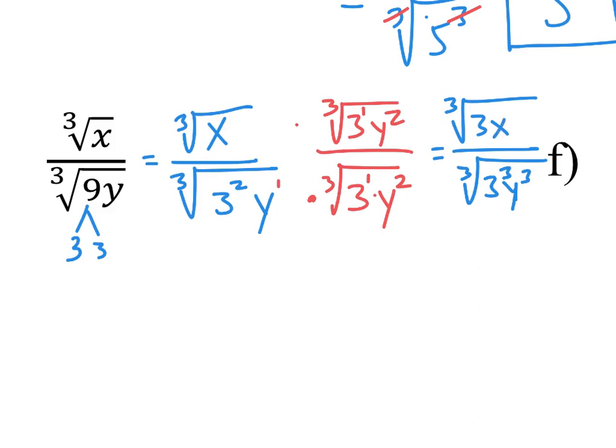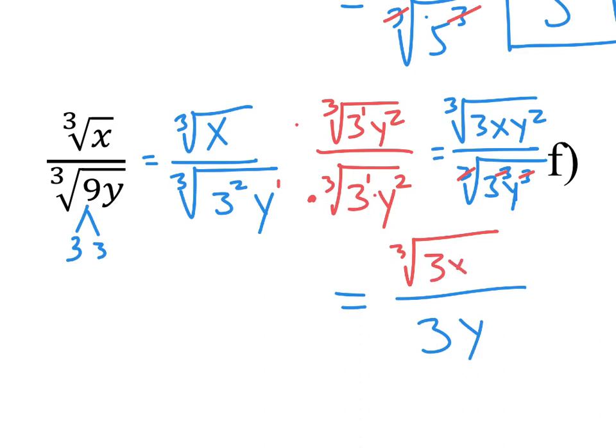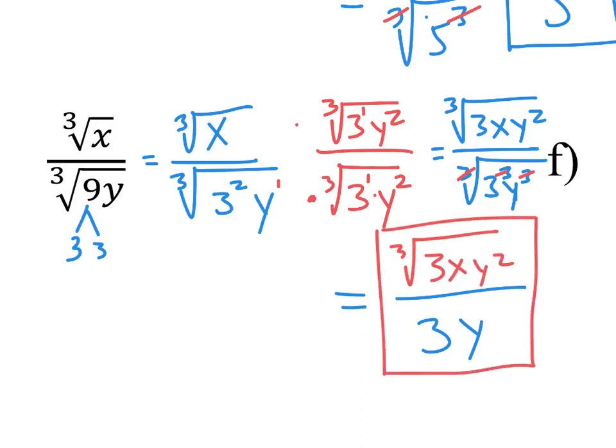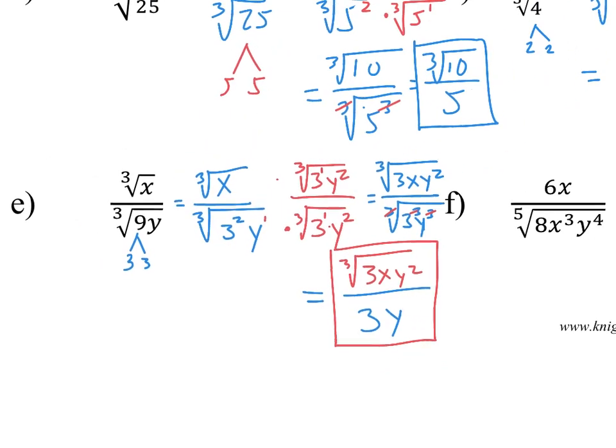Remember, we can squeeze things under one radical because we're multiplying, not adding. Then last step is to clean up the bottom. The whole point here was to make this without a square root, and that's a 3 and a y because that canceled those out, right? And the top is the cube root of 3xy squared. Multicolored answer there. All right.